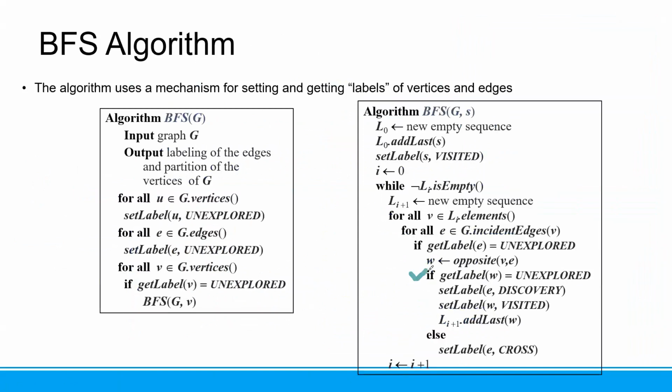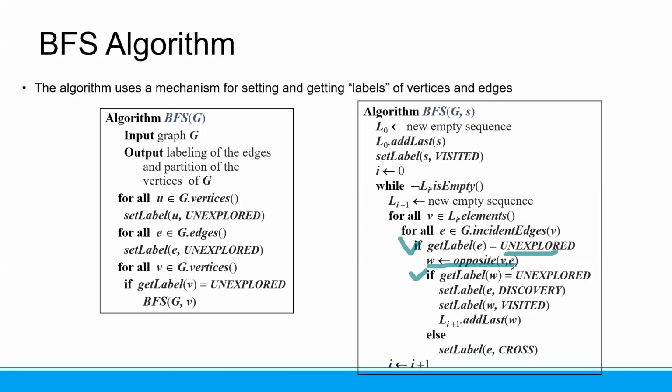The label is unexplored, so we will check what is the W. AB is unexplored for the first time, so we want to check what is the W.